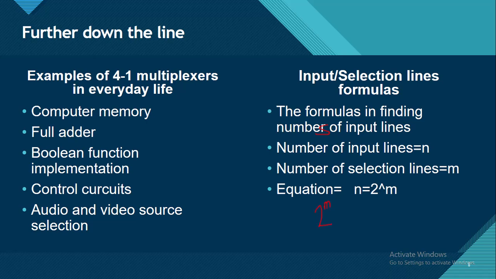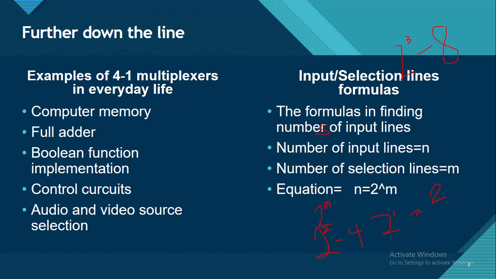If we have 1 selection line, 2 raised to the power 1 gives us 2. When we put 2 in place of m, we have 2 raised to the power 2, where our answer will be 4 input lines. When we have 2 raised to the power 3, we get 8, and so on and so forth.